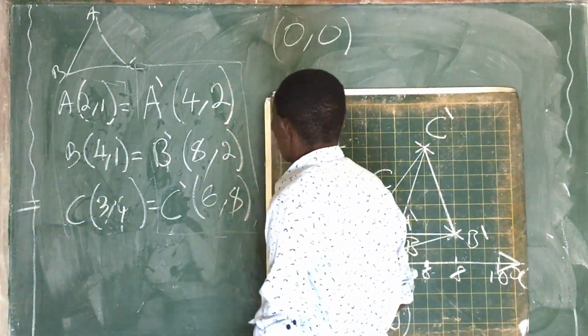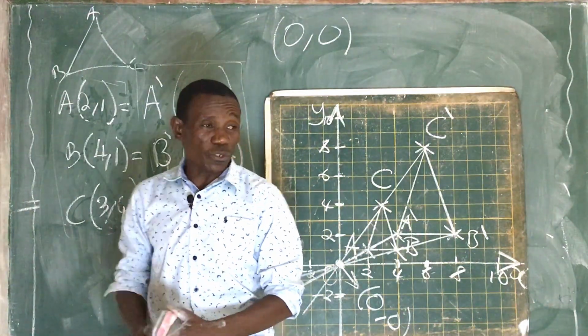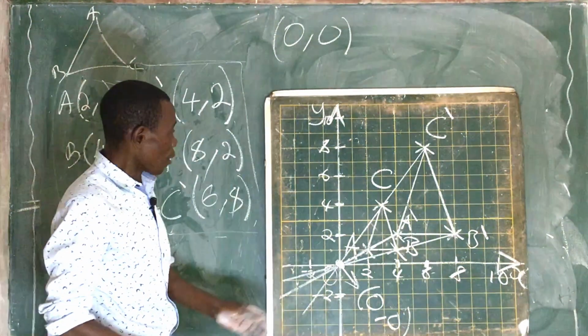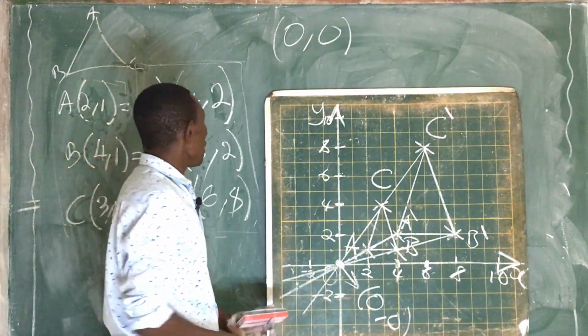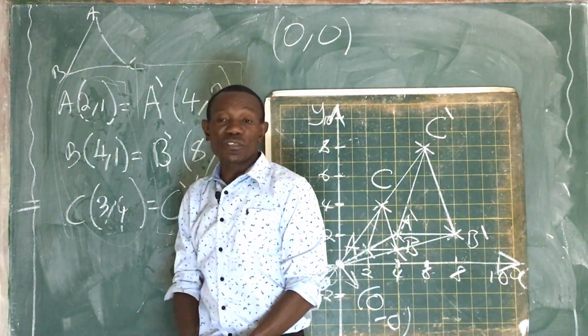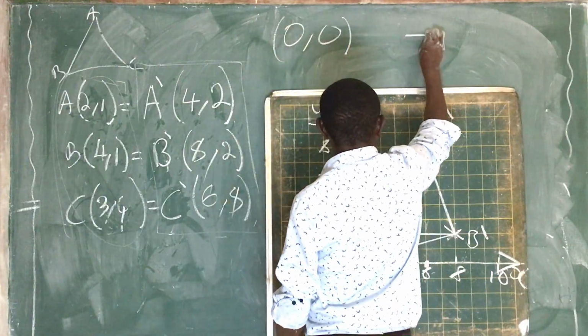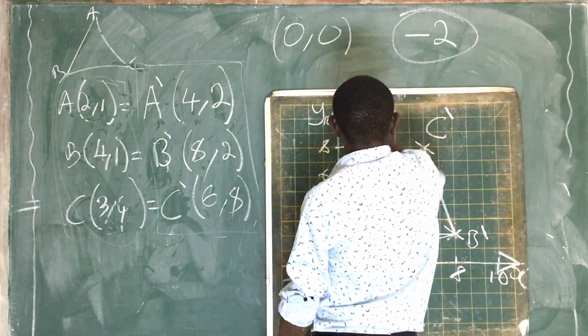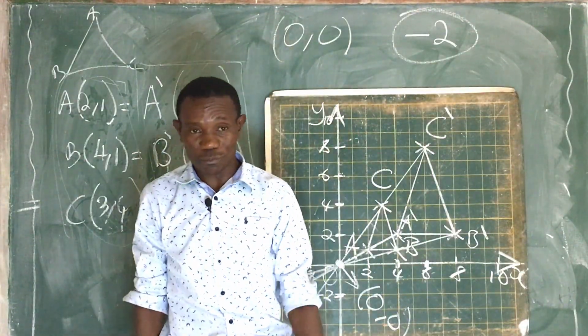So what I want you to do is the same activity, but now you are going to enlarge this triangle by using a scale factor of -2. Right, it's -2.